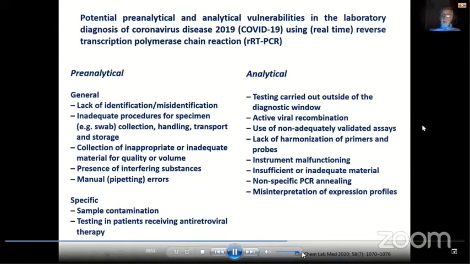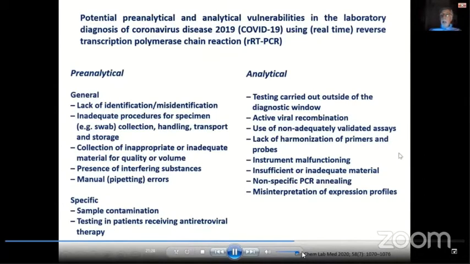Specific pre-analytical problems, not general, are sample contamination or testing in patients receiving antiretroviral therapy that may interfere. Also the analytical phase is very delicate. The testing should be carried out outside the diagnostic window. If you do the test too far, this could be a problem. We may have active viral recombination that may interfere in the analytic test. We may use a non-adequately validated assay. You know that there was a rush in producing kits.